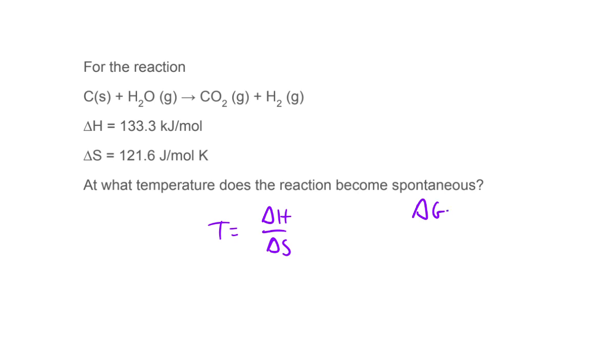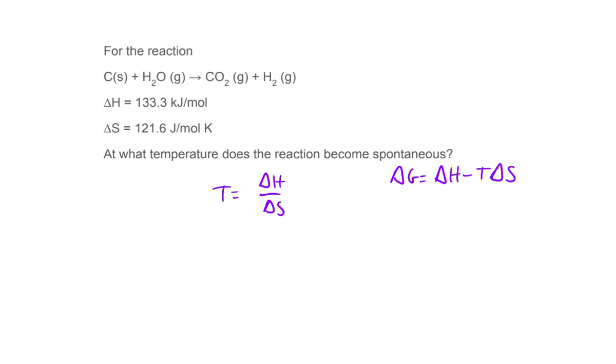This comes from delta G equals delta H minus T delta S, and that's setting delta G equal to 0.